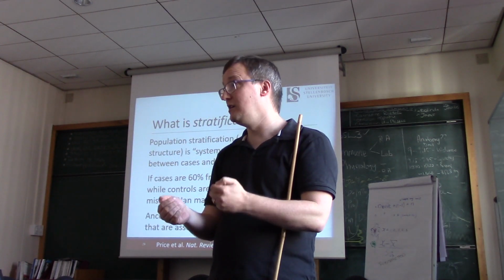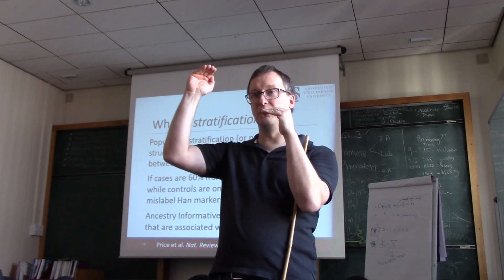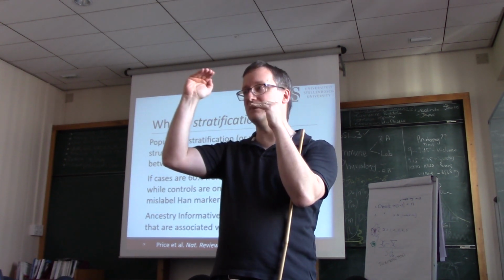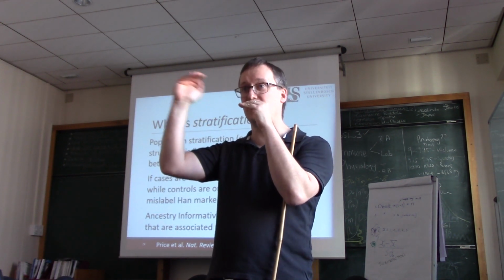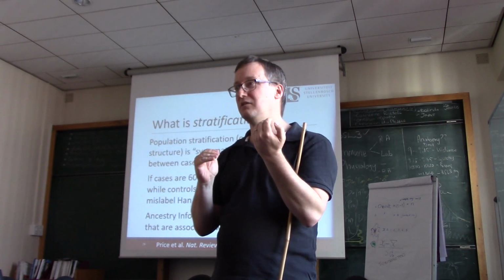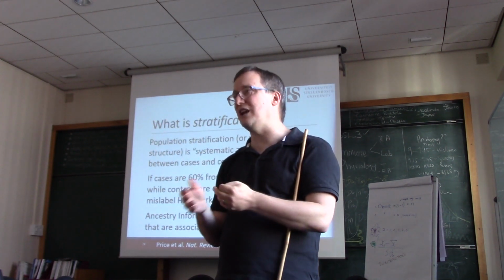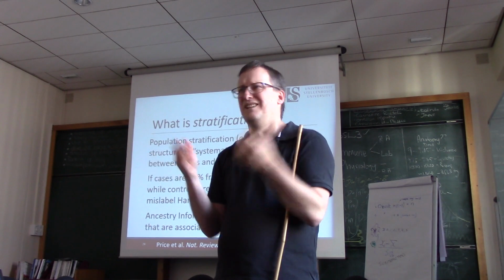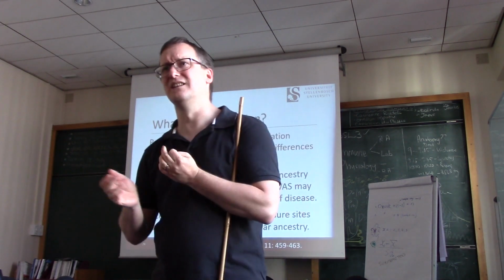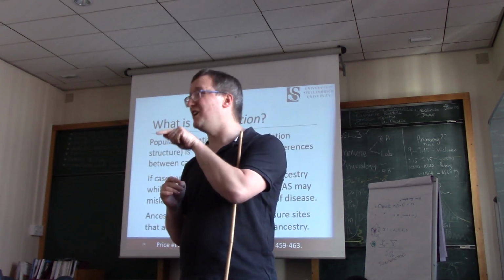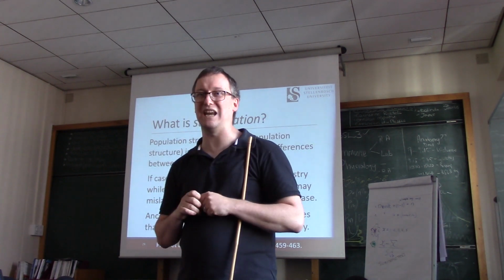Do you see why? Because the fraction of people who are Han Chinese is 50% higher in my cases than in my controls. Now, does Chinese ancestry have anything to do with asthma? Probably not. But I could fool myself with my own data if I don't take that into account.